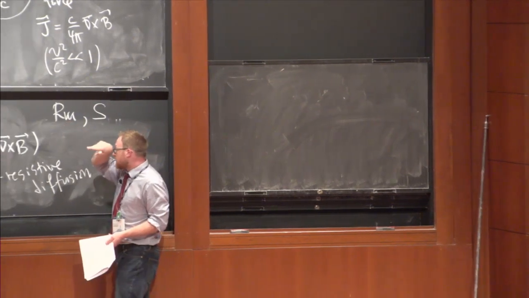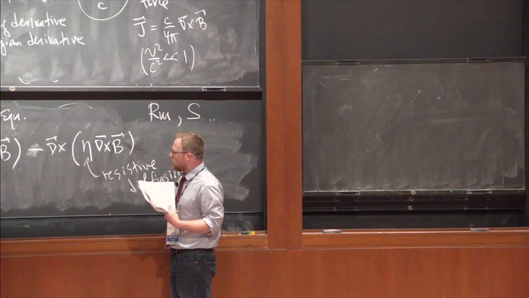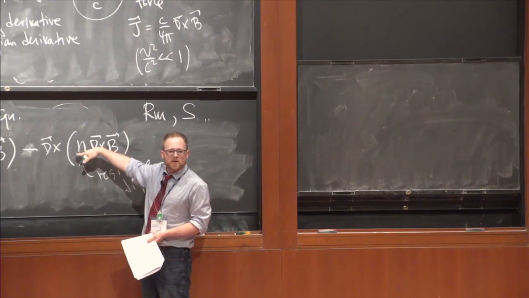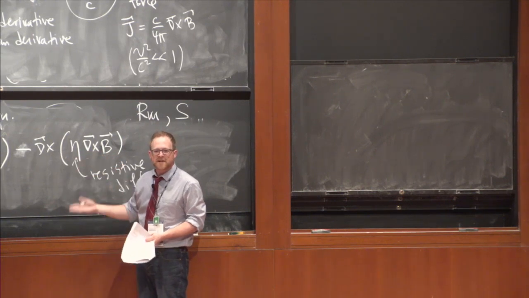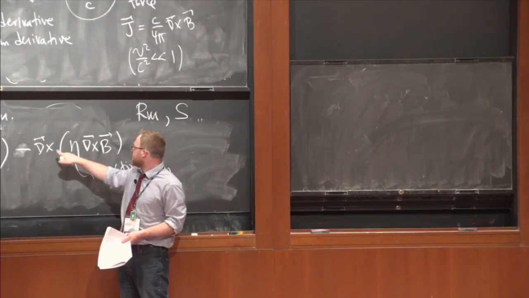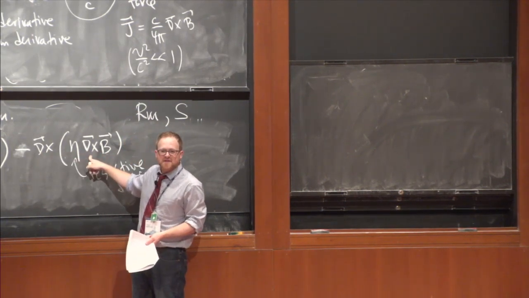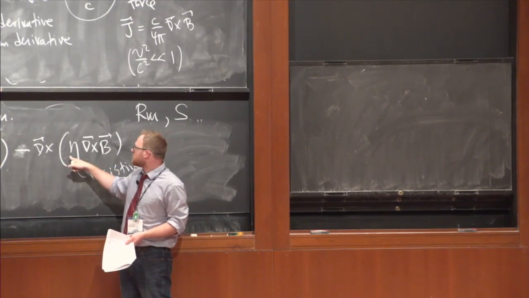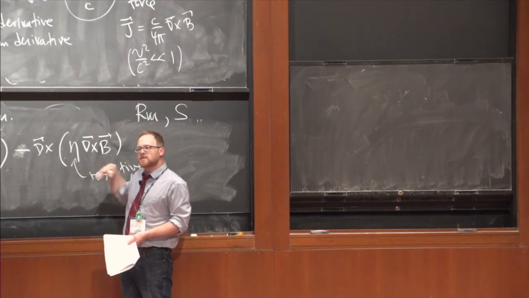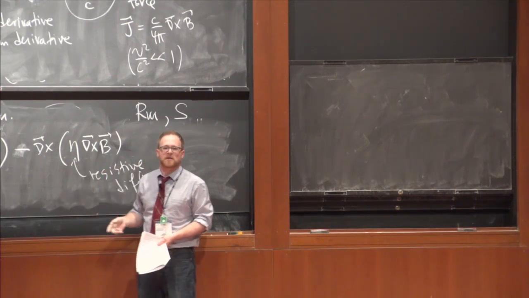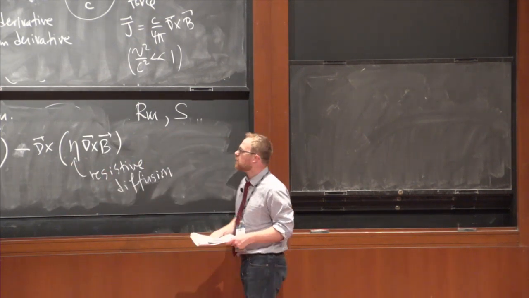So what that means is that on a lot of scales, this term is not important. Of course, you'll always get to some scale. There's a gradient here. There's two gradients here. So you always get to some scale where the gradients are so large that it doesn't matter how small eta is. Right? And that's when you start talking about reconnection and things like that, which I'm not going to talk about.